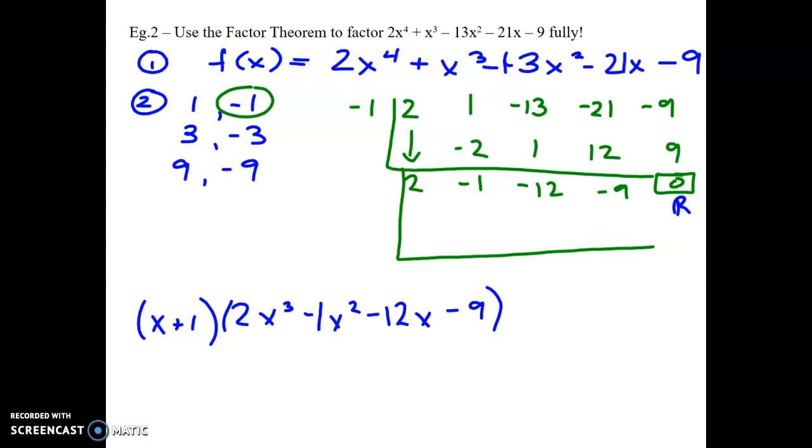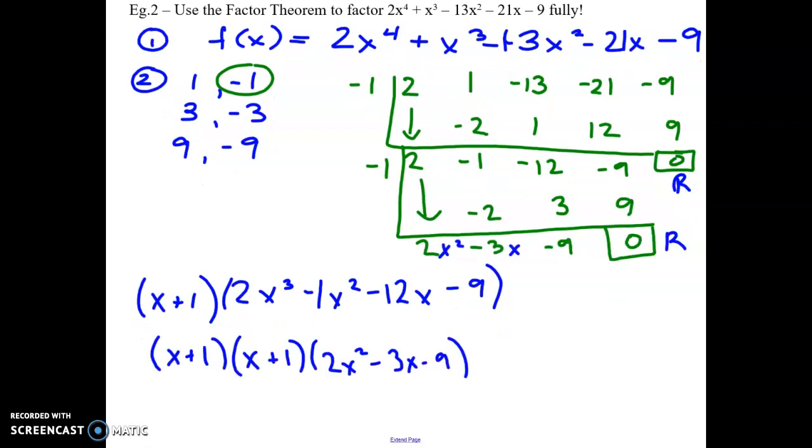So a little trick that sometimes works is that when you find a number that did give you a factor, you could try that number again. So I'm going to try a -1 again, and now go through synthetic division, but with my new row of numbers. So again, so far we have 2 factors that are both x plus 1 from the 2 times that synthetic division worked.